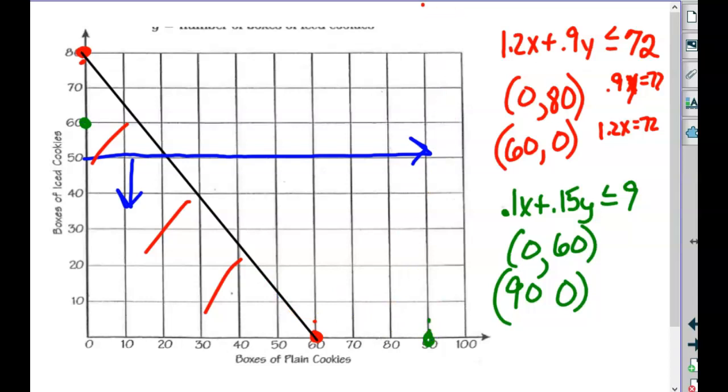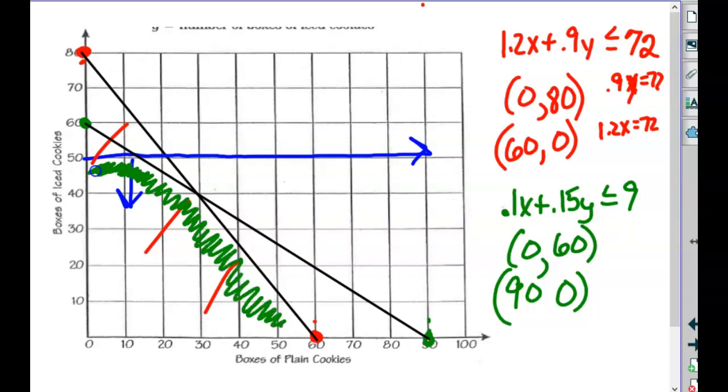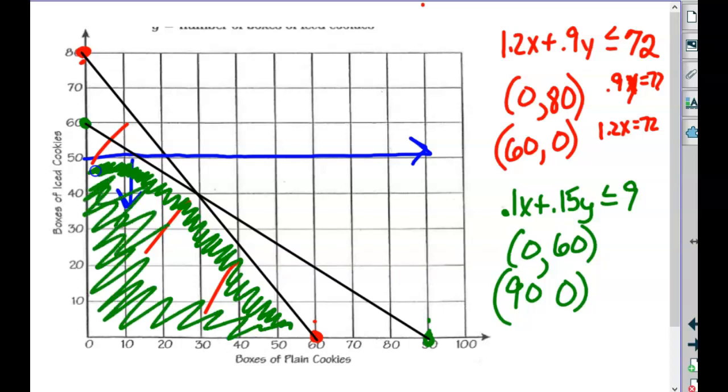If I draw that line in, we have to be above or below that area. We have to be below that. So we are talking about below the blue, below the red, and below the green is this area in here. So the corner points, guys, (0, 0).